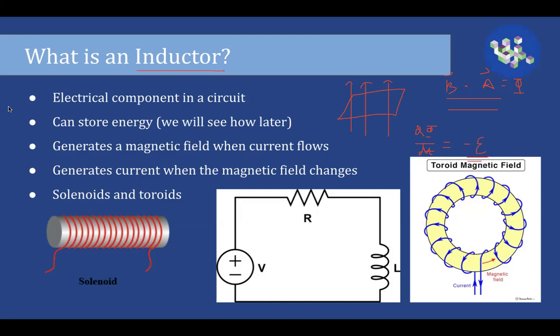So when I have the changing flux, it induces an EMF and that causes an induced current. Inductors operate on a pretty similar principle to that. So what are inductors? They're just an electrical component in the circuit.